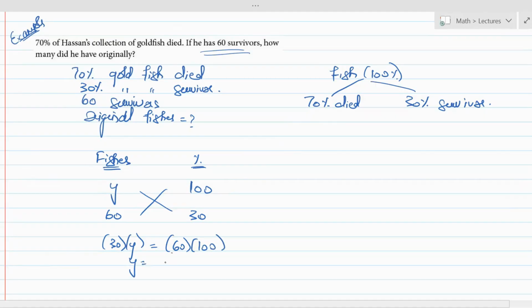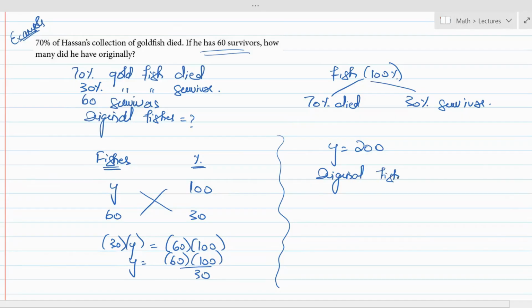So y is equal to 60 into 100 divided by 30. We are getting this as 200. That means the original fishes were 200.